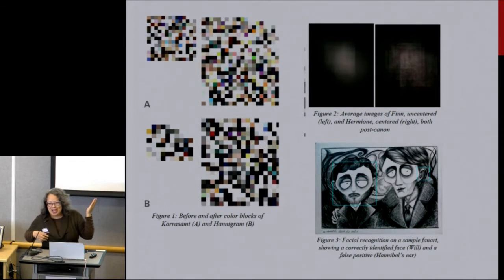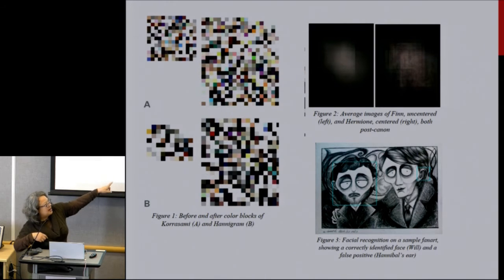Does the color palette change, or are we seeing anything in the summation of the fan art? I'm not sure, but I think it was interesting to do. And in the upper right, this was another summed image or average image methodology where they looked at how the images of Finn and Hermione changed after the canon shift, after the casting was announced.